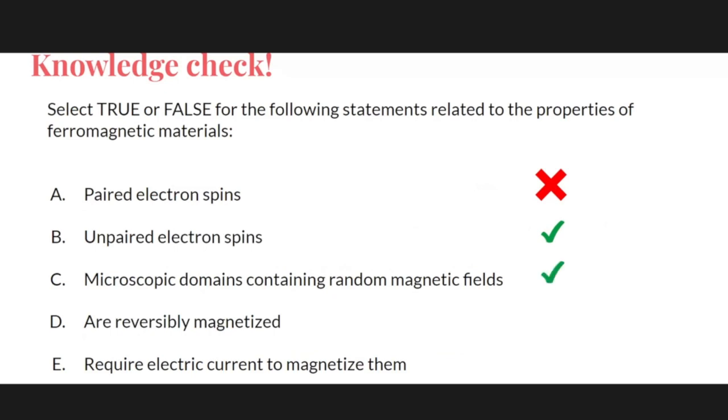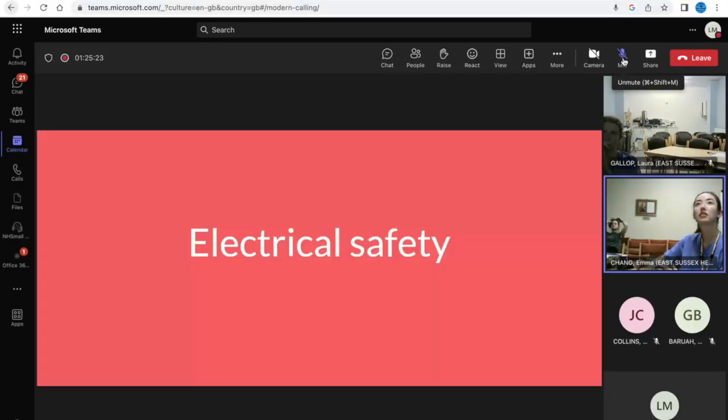Yes, they do. Are they reversibly magnetized? Yes. As I was saying earlier, they reach a saturation point where they become a magnet and they can't be reversibly magnetized. And finally, do they require an electric current to magnetize them? No, that is correct.